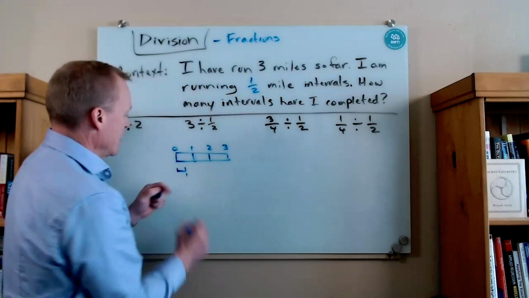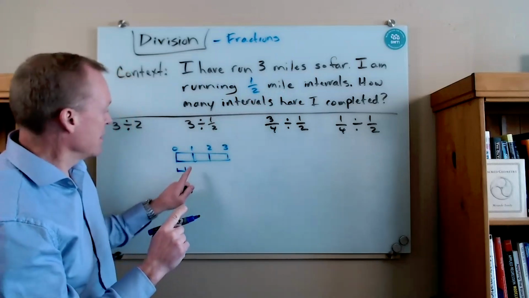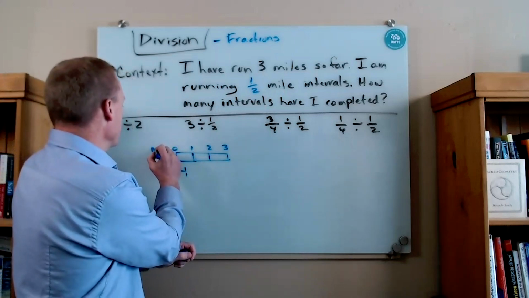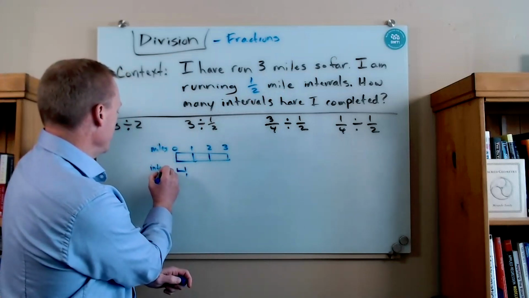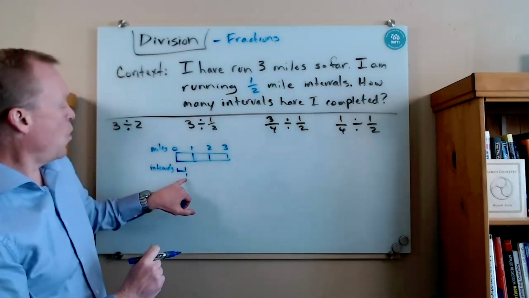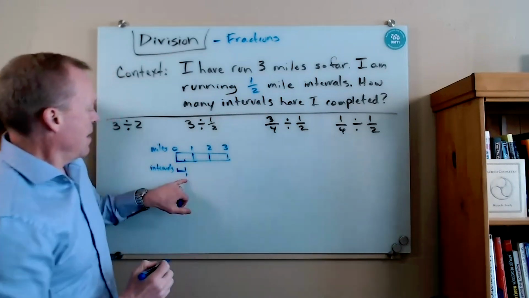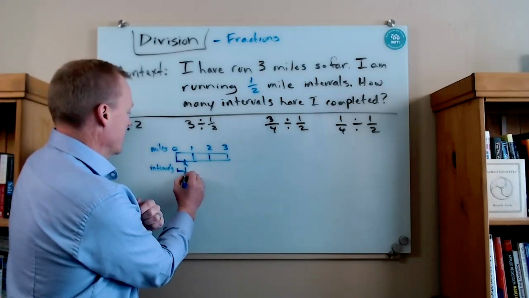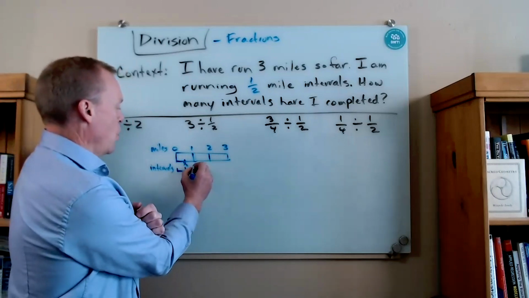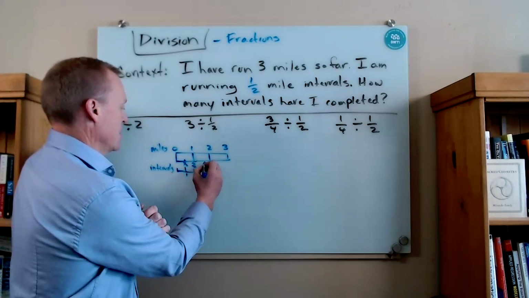So here, there's a new 1. This was 1, these are miles, and these are intervals. So it takes 1 interval for 1/2 mile. It's going to take 2 to go 1 mile, 2 halves.